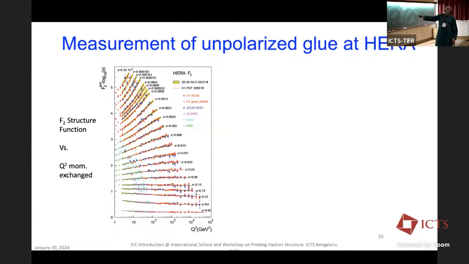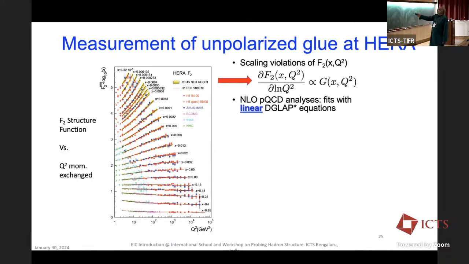But as soon as you go to lower values of X, 0.003, you start seeing slopes in F2. That means it is changing as a function of Q squared, as in the example I showed you before, and that is where we find the gluon. This is where the gluon resides. And the slope of that, dF2 by d ln Q squared, is proportional to the gluon. That's how we calculate them.